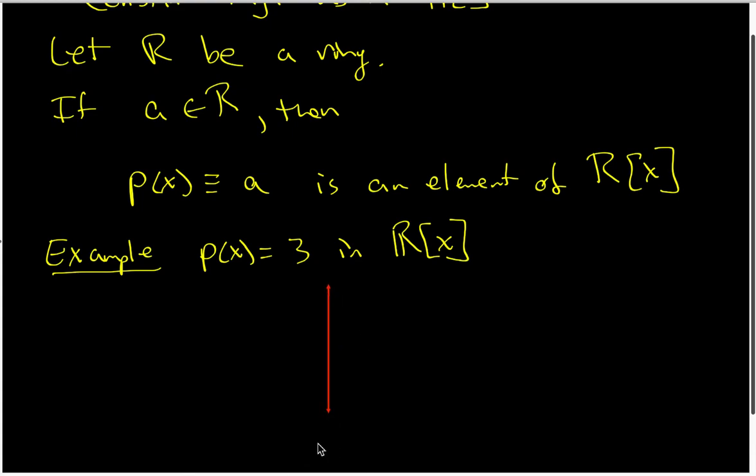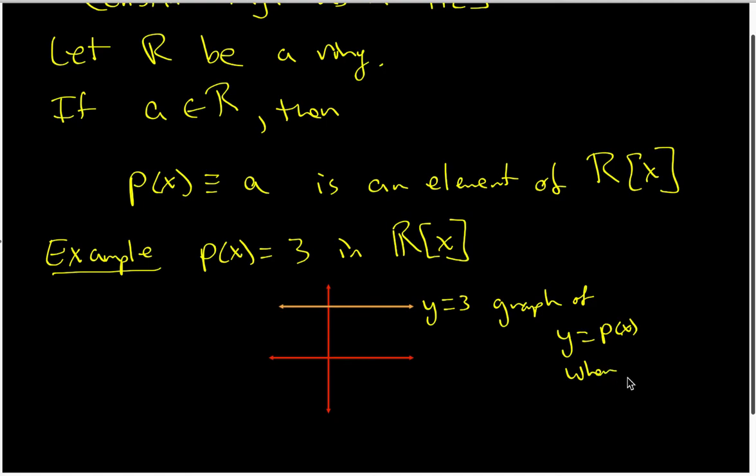I put in a coordinate plane and I go up 1, 2, 3, and I have a line here, and this line is y equal to 3, and this is the graph of the constant function y equal to p(x) when p(x) is identically equal to 3.